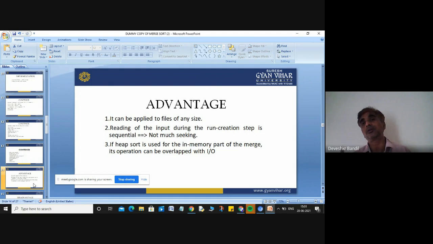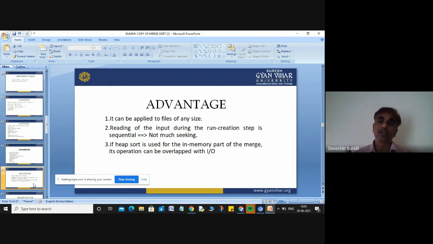Means in your insertion sort and in your selection sort, you will take an array of small size. And if I talk about the merge sort, it can be applied to a file of any size. And second is that reading of one input during the run creation step is sequential, not much seeking.